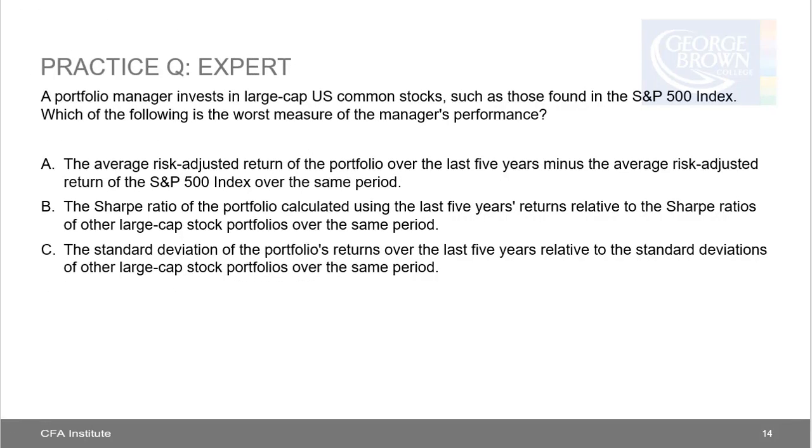A quick practice question to check your understanding. This is at the expert level from the learning ecosystem. And the question is, a portfolio manager invests in large cap U.S. common stocks, such as those found in the S&P 500 index. Which of the following is the worst measure of the manager's performance? A, the average risk-adjusted return of the portfolio over the last 5 years minus the average risk-adjusted return of the S&P 500 index over the same period.